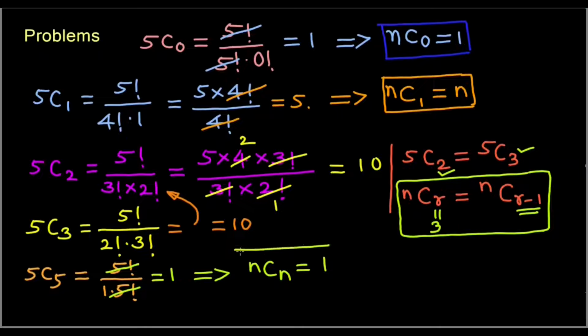This is another shortcut that we found. So these are four shortcuts so that we can calculate the coefficients of the expansion quickly: nC0 is 1, nC1 is n, nCn is 1, and nCr is the same as nC(n-r).